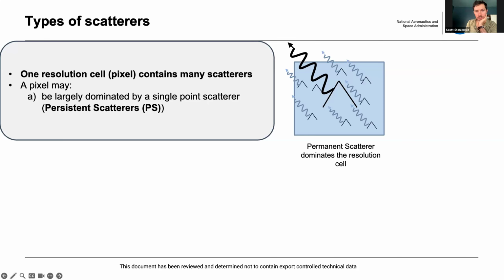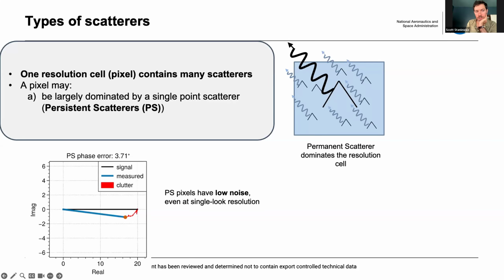A way to see this is to look at the phasor diagram. Each of these is a complex number that returns, and you simply add them all up. The way you do that is you add a bunch of vectors tip to tail. This strong one is the signal that you hope to measure, and I've set it to have 0 phase. The rest of them have a random real and imaginary part, and when you add them all together, they add up to this red little tail.